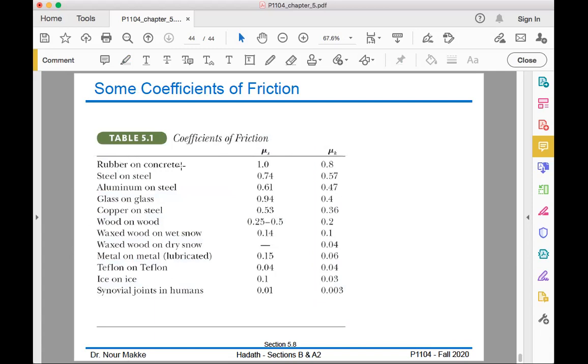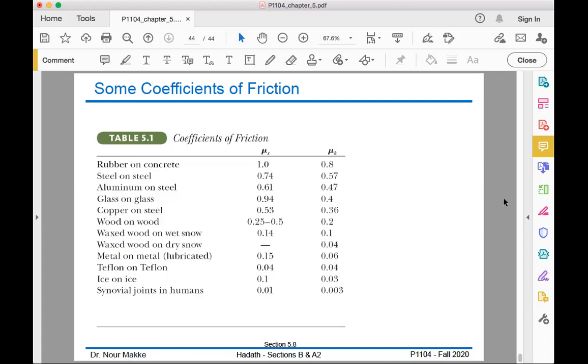For example, rubber on concrete, mu s is equal to 1, mu k is equal to 0.8, steel on steel, glass on glass, copper on steel, wood on wood, etc. You could see that in general, the coefficients of static and kinetic friction are all the time smaller than, and at maximum equal to, 1. The coefficients of friction cannot be greater than 1.